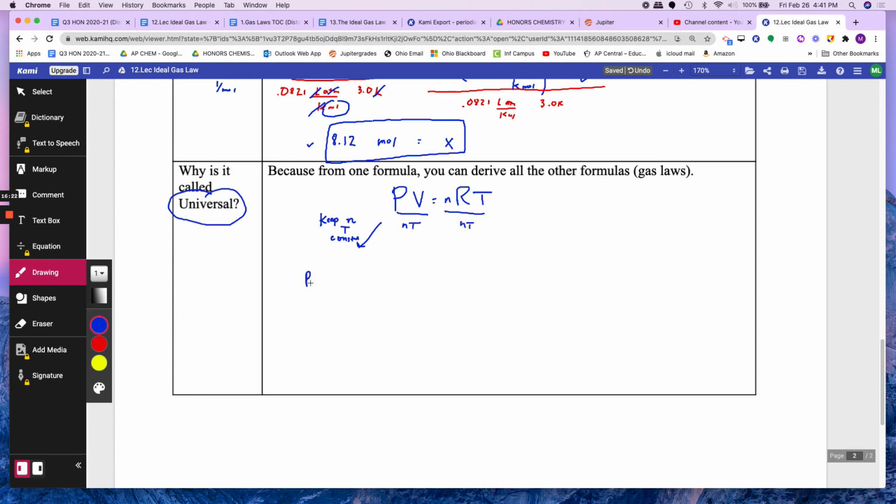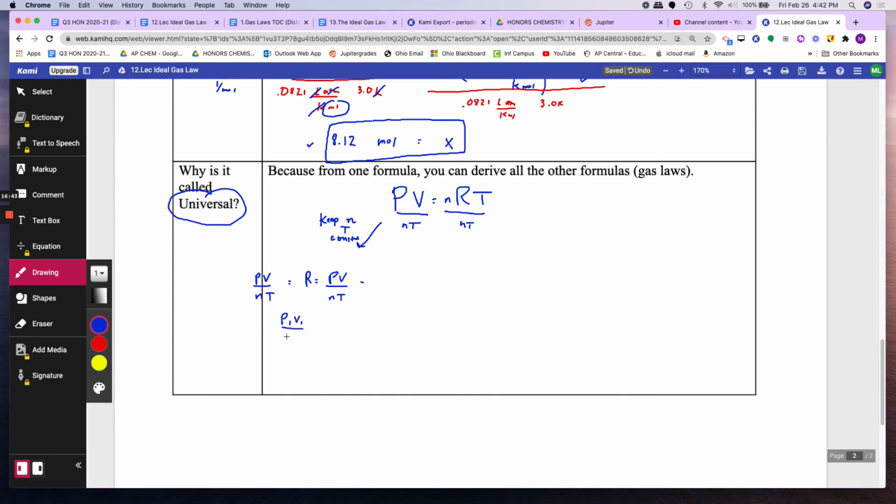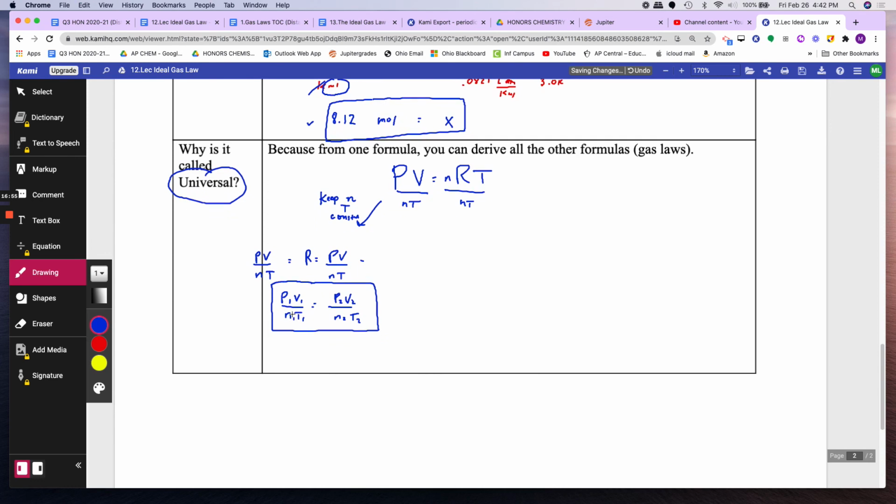So R is equal to PV over nT, which is always going to be equal to PV over nT, right? So if they're both equal to R, that means they're equal to each other. P1V1 over n1T1 is equal to P2V2 over n2T2. So you can have another formula that you've never heard of for things changing. If you have these numbers and you're missing one, you can solve for it.